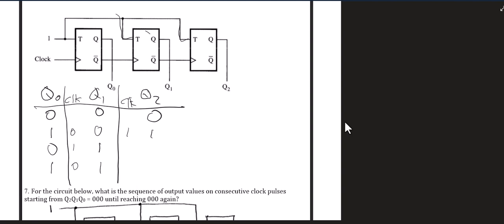Now Q1 is 1, so Q bar is 0, so there'll be no change. And now Q1 is 1, so Q bar is 0, so there'll be no change.